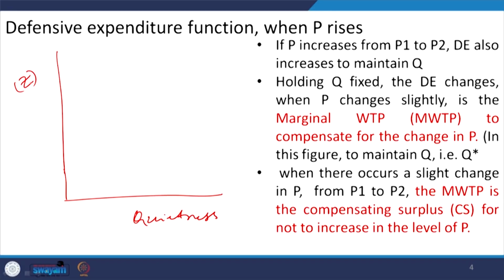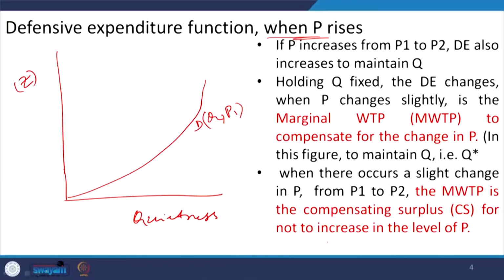So, here we can draw the defensive expenditure function initially. Let us say this is the defensive expenditure function in the initial case of pollution. This can be represented by defensive expenditure of Q, and P1 is the level of pollution. Now our understanding is that when pollution changes, what is happening to the defensive expenditure, and from that how are we going to find the willingness to pay or compensating surplus.